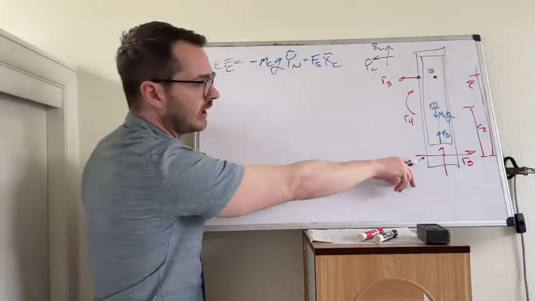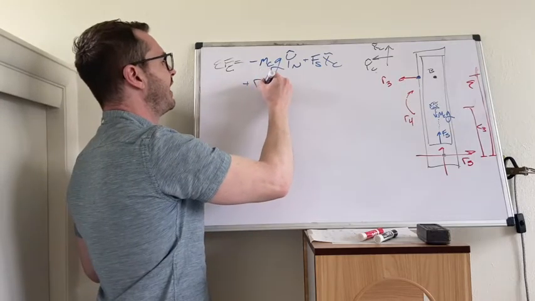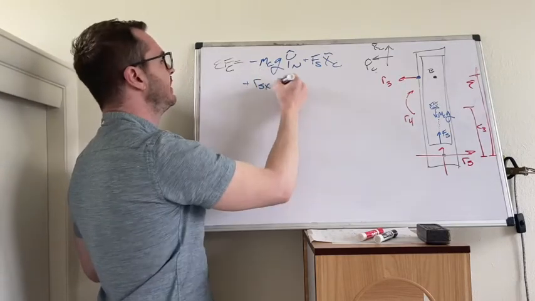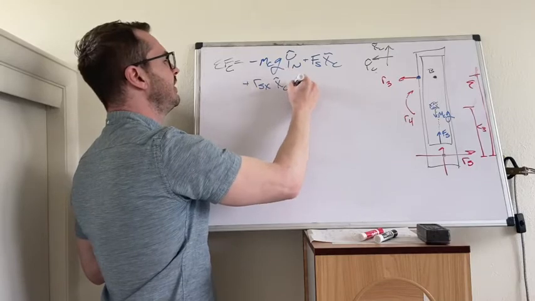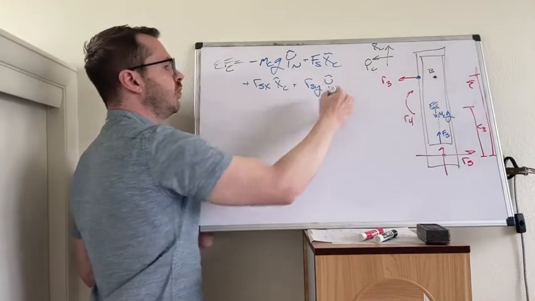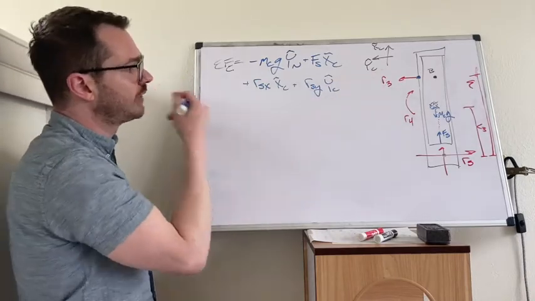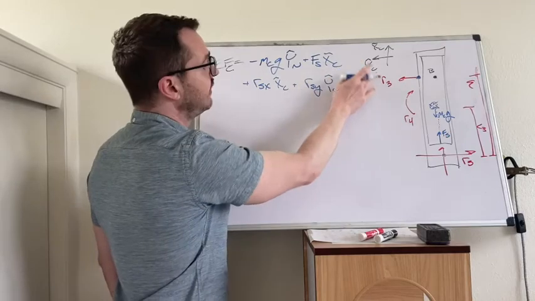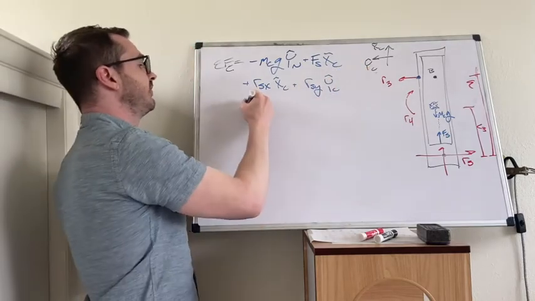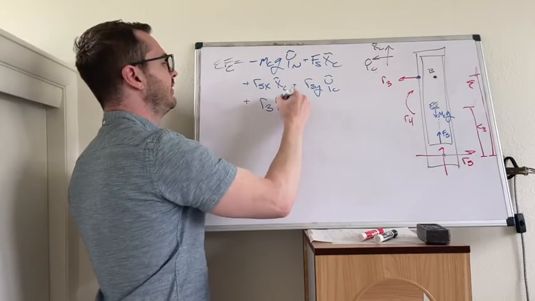Next, let's do reaction set 5. So these are positive. This is R5x in xc and R5y in yc. Next, we have R3. So R3 is pointed in the positive yc direction. So I'm going to say plus R3 in the yc.